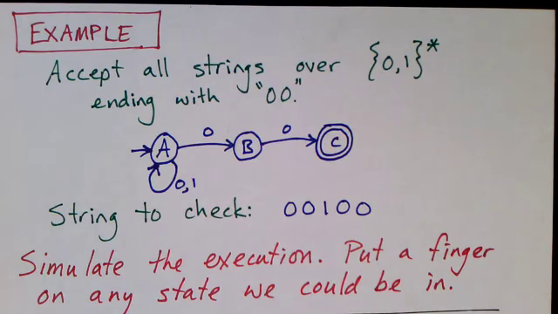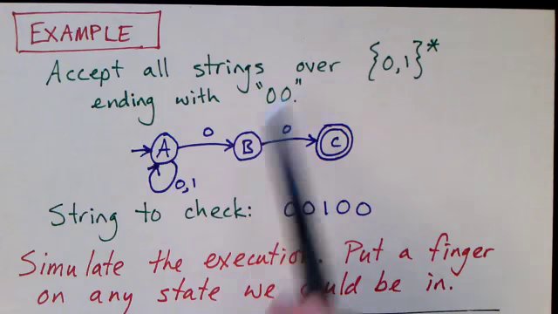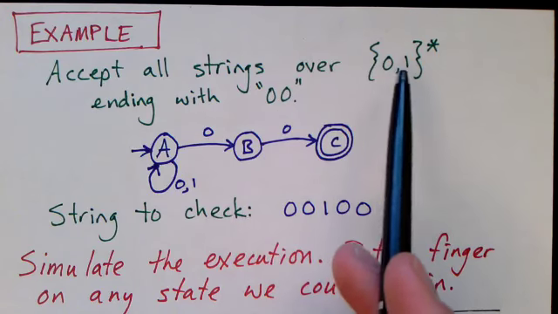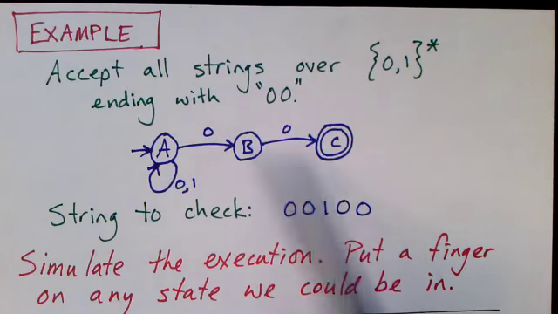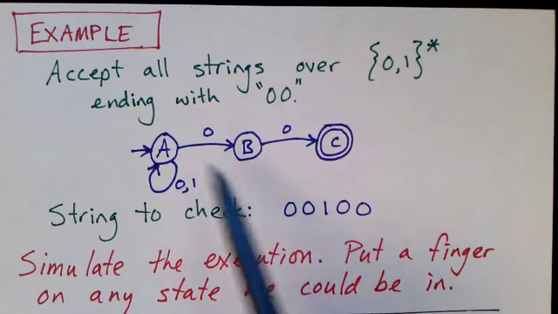Now let's talk about how we can execute a non-deterministic finite state machine. How can we check to see whether some string is accepted by the machine? Well, here's a non-deterministic machine, and it accepts all the strings of zeros and ones ending with 0, 0. And if we want to check this string, how do we do it?